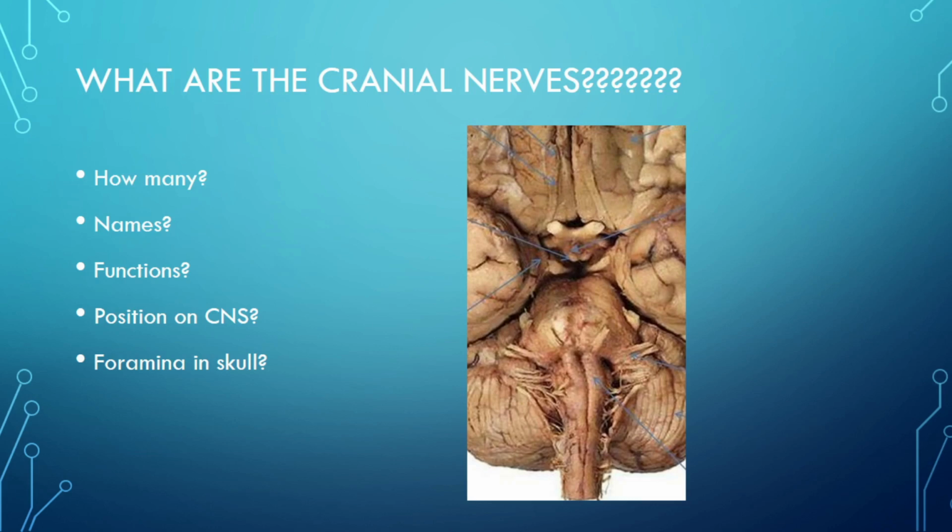What are their functions? Whereabouts would we find them on the central nervous system? Are they from the medulla? Are they on the midbrain, etc.? And we also tend to think about the hole in the skull, or the foramen in the skull, that they traverse in order to get to or from the central nervous system.